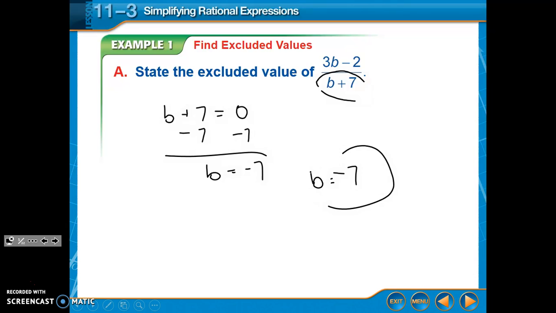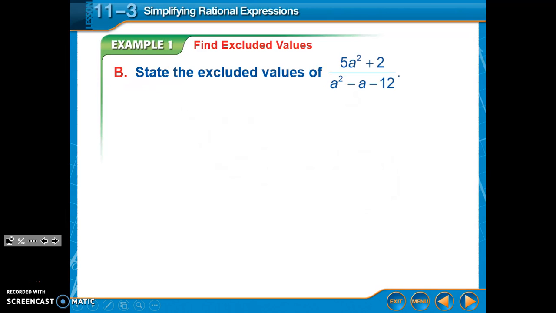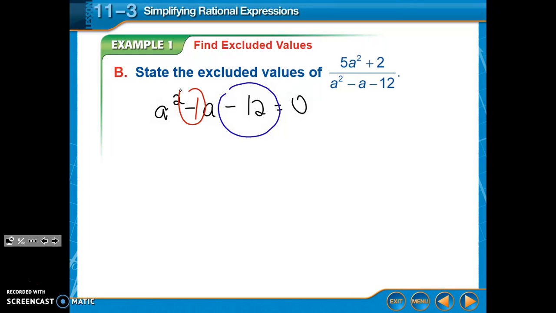Okay? What happens if we have something like this? I still want to know what values make the denominator 0. So here's where we have a fun review of factoring. So we want to know what makes this 0. So in order to do this, we want to factor. So remember, when we're factoring, we want two numbers that multiply to negative 12 and add to negative 1.